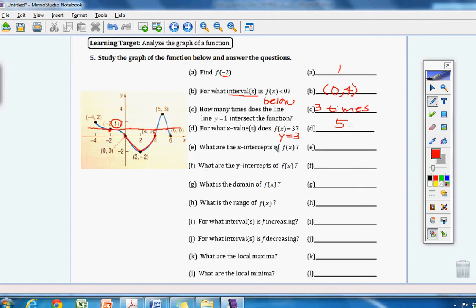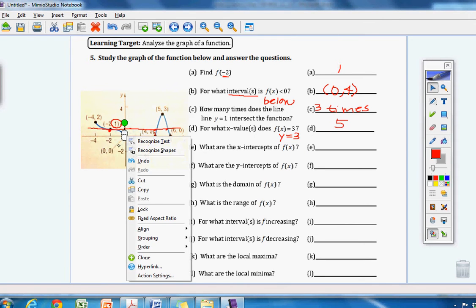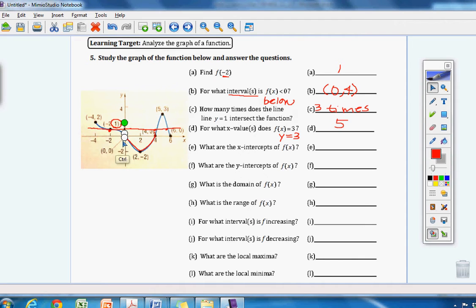What are the x-intercepts of my function? An intercept is the point on the x-axis where your function is hitting the x-axis. Okay, so I am hitting the x-axis. This function is crossing right here, and right here.